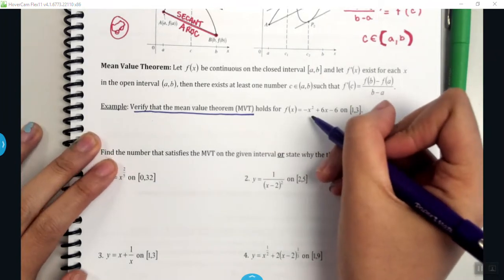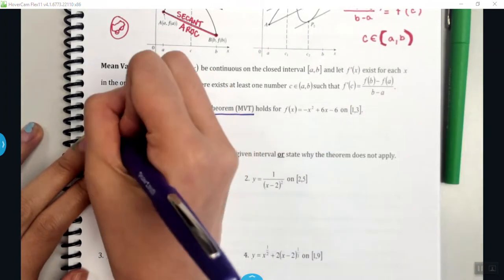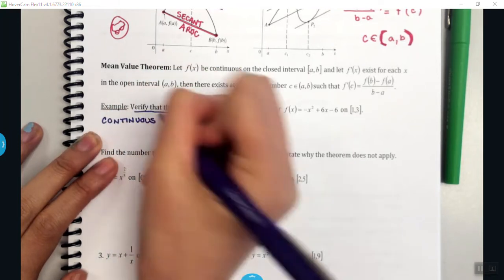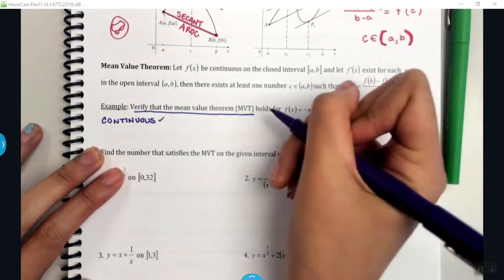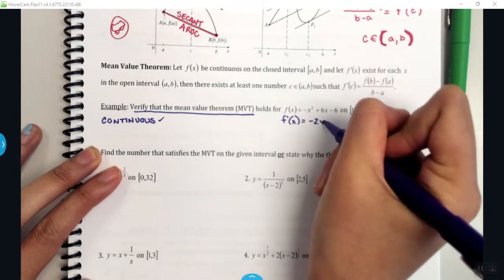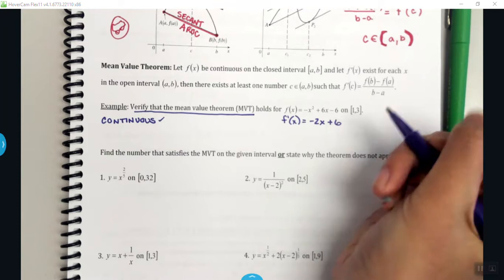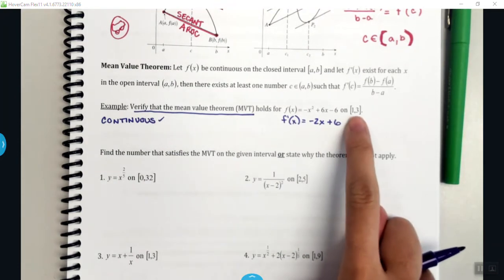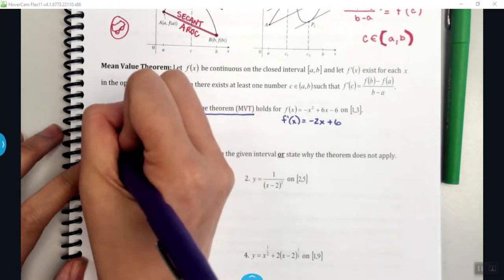Is it continuous? Yeah. And then let's take the derivative. F prime of x equals negative 2x plus 6. Does the derivative exist on the interval 1 to 3? Yes, so this is differentiable.